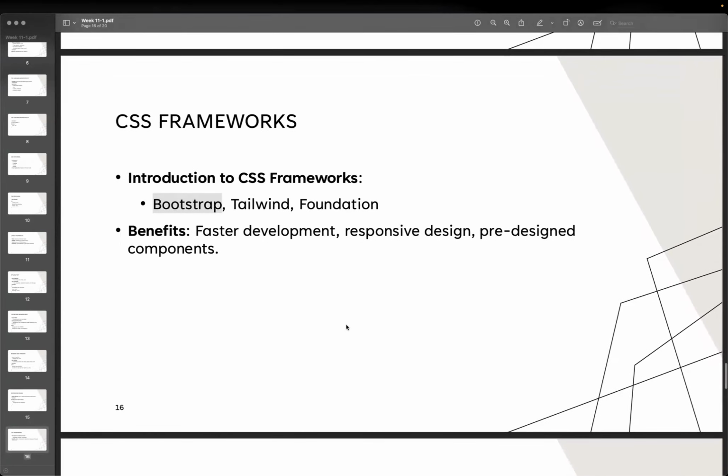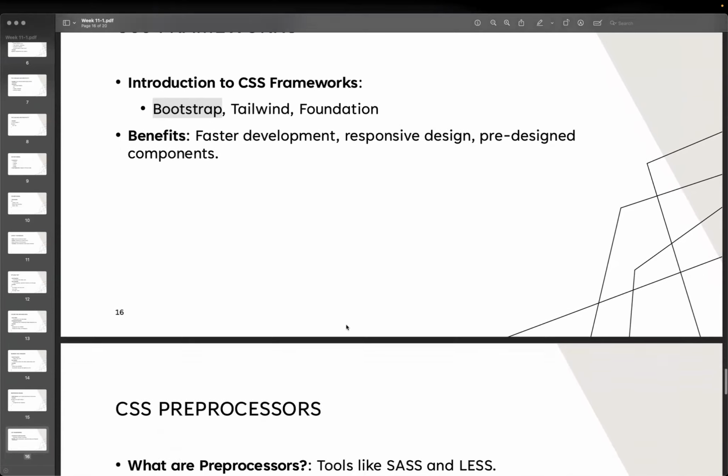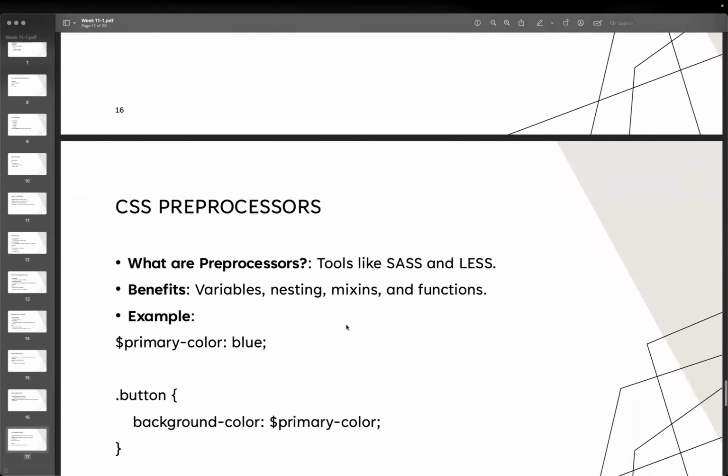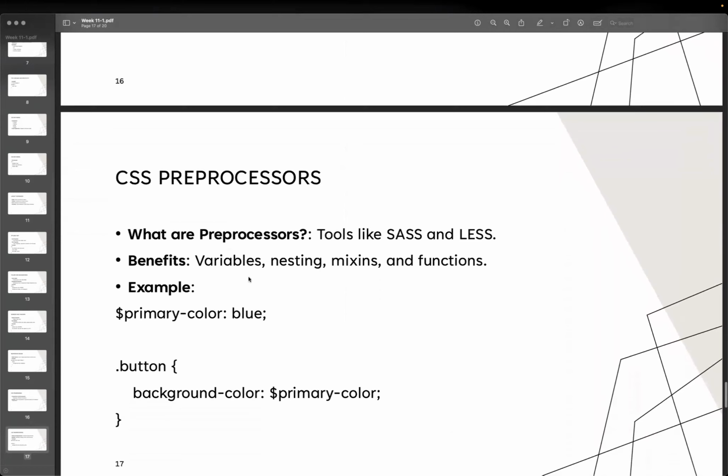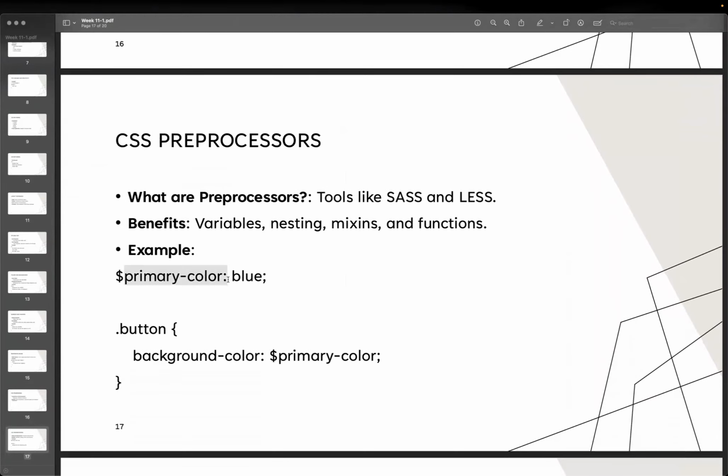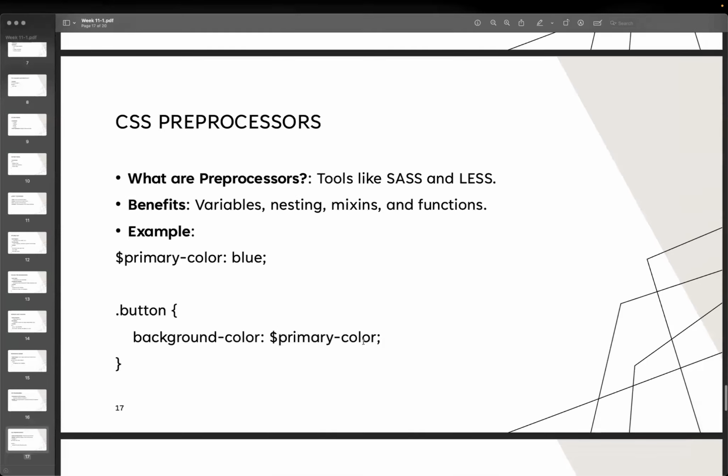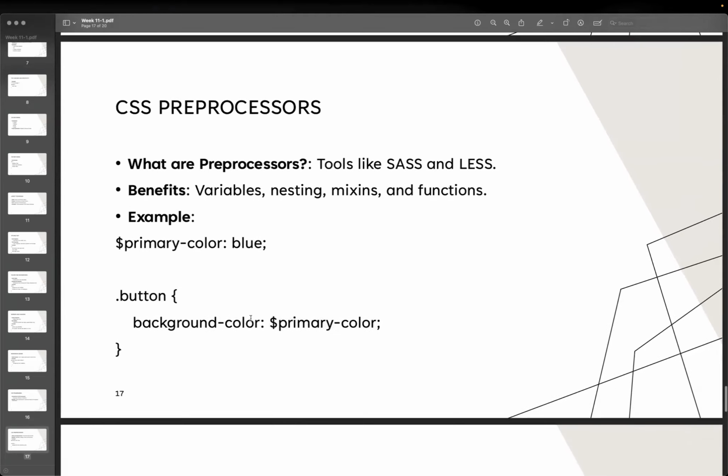If you like their icons and their style design, that's fine. The next thing we will talk about is preprocessors, such as Sass or Less. These support variables, nesting, mixins, and functions. If I have a primary color here, blue, I can pass it as a parameter. The advantage is that when we design and set a theme, we may need to switch it.